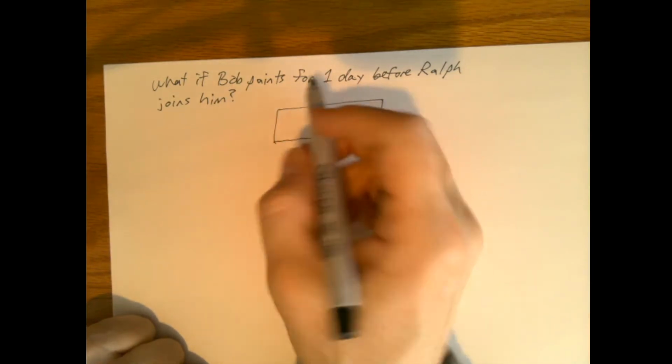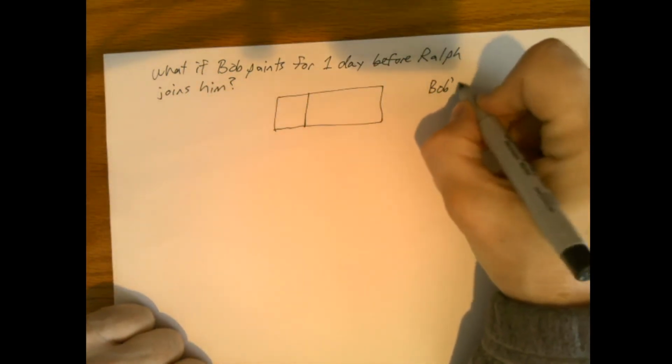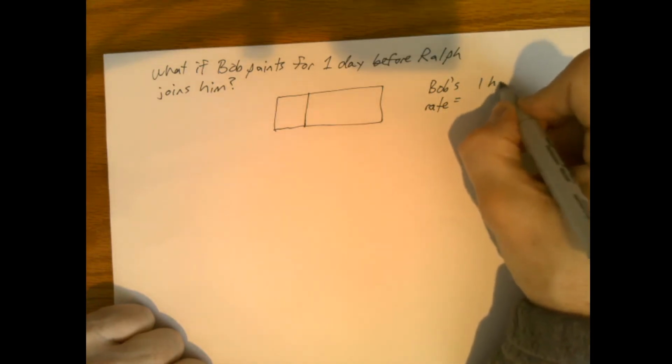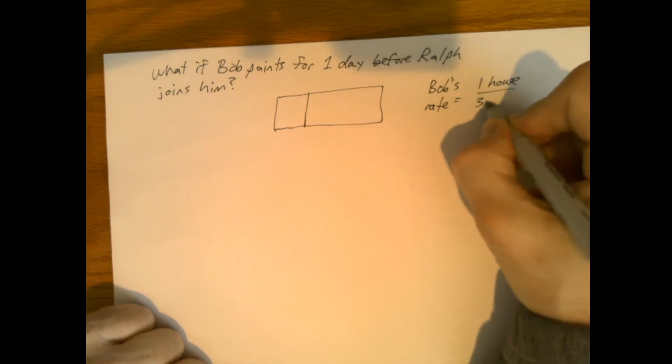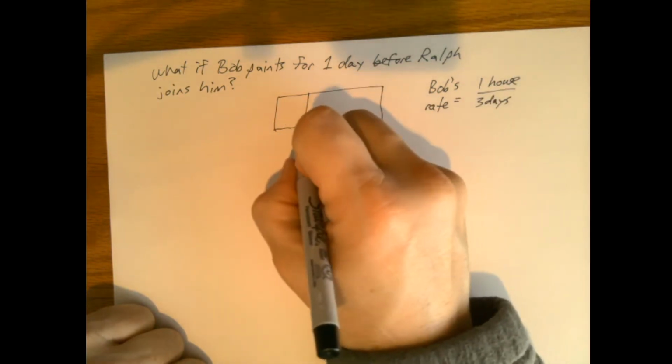And what's happening here? Well, Bob paints for 1 day. So remember, we know that Bob's rate, let's put it over here, is one house in 3 days, or 1/3 of a house in 3 days. So this is actually 1/3 of a house.